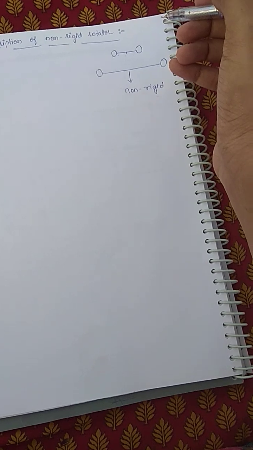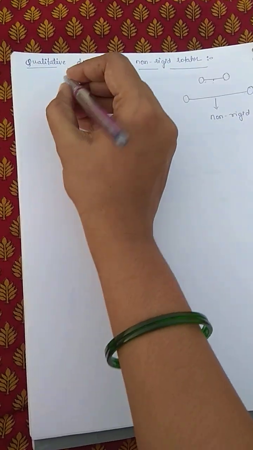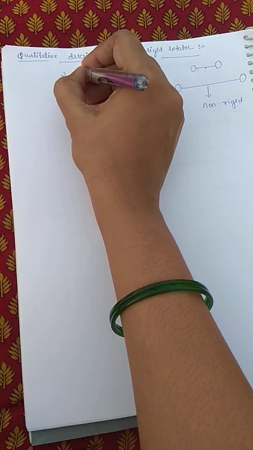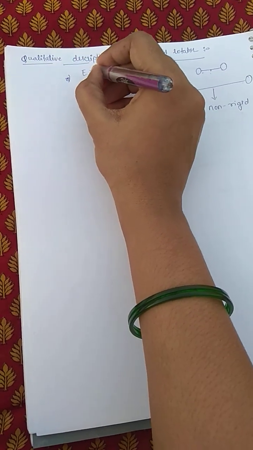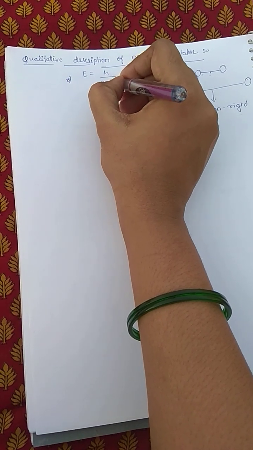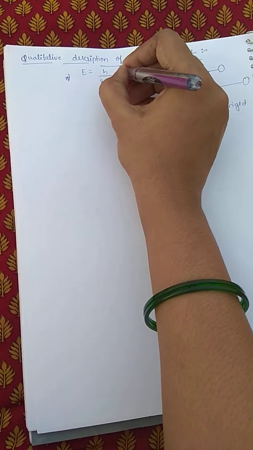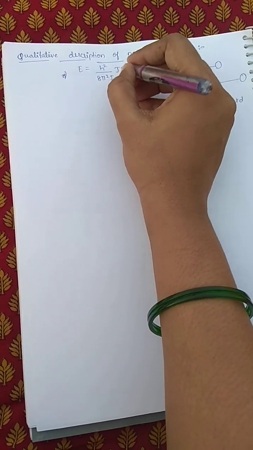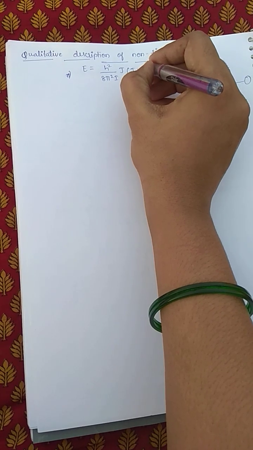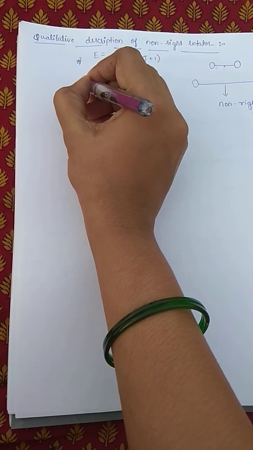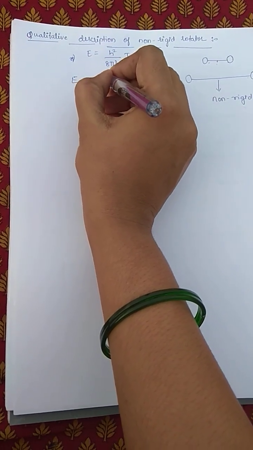So, in the earlier class, we discussed the energy, that is E is equal to h square divided by 8 pi square I into J into J plus 1. We know that E is equal to h mu.